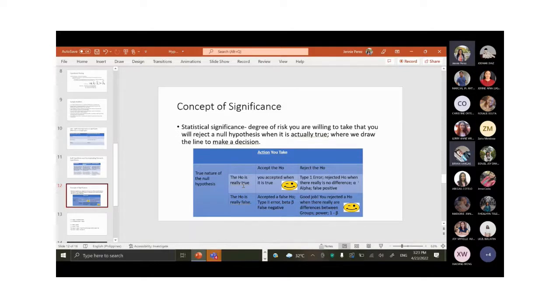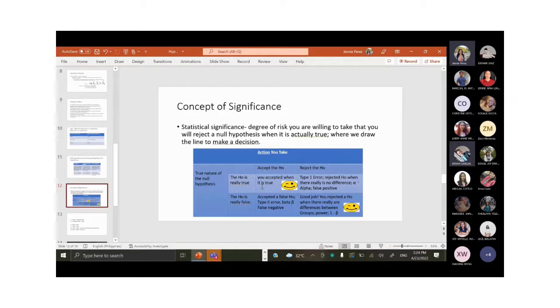Based on the true nature of the null hypothesis, if the null hypothesis is really true, and we have accepted the null hypothesis, then you are doing a great job. That is why it has a smiley. You accepted when it is true. That is correct. Good job.